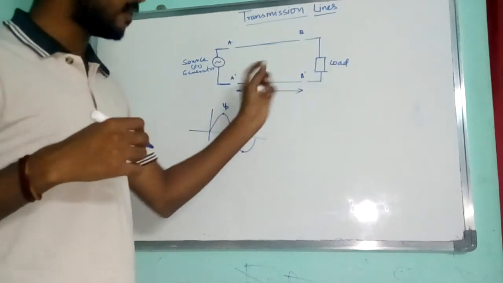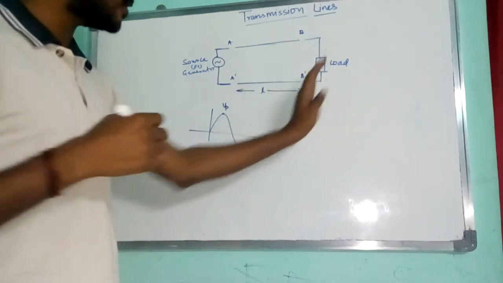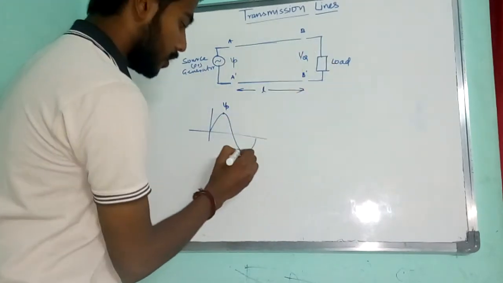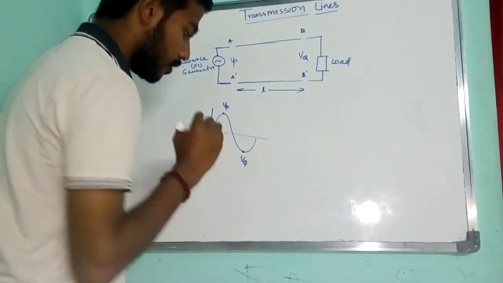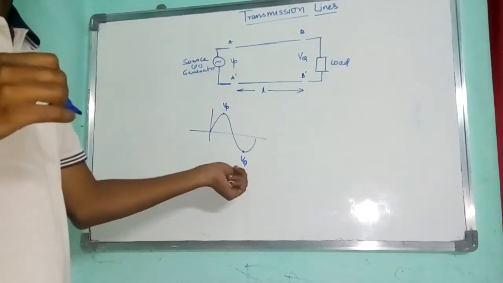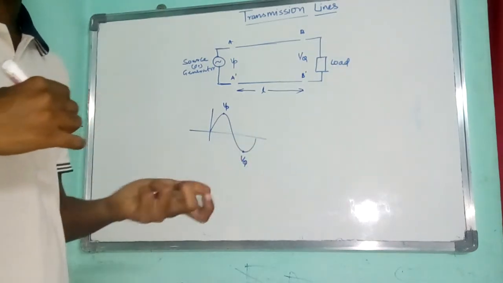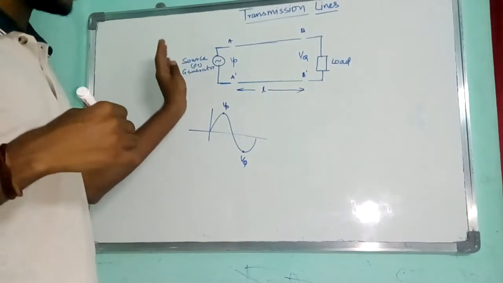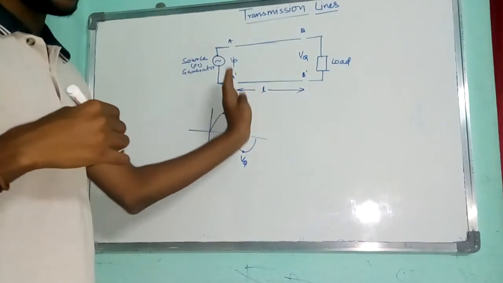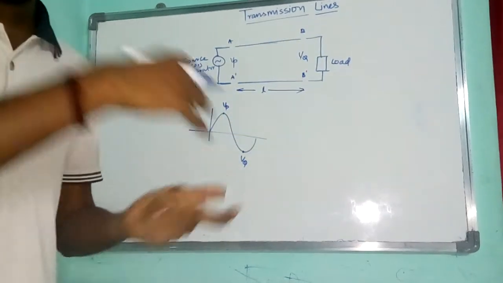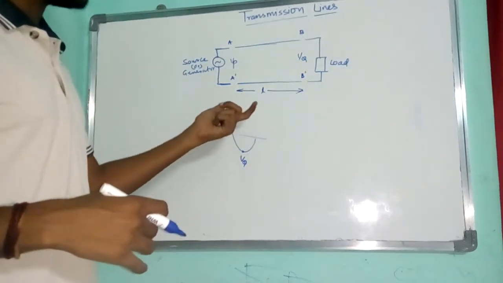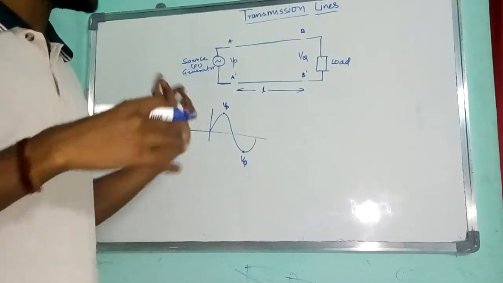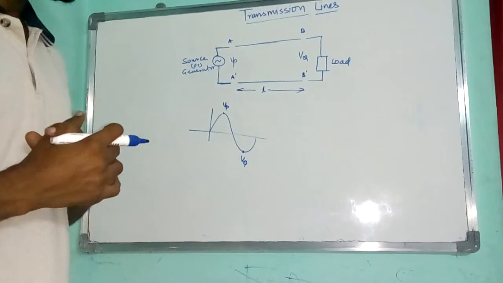After traveling this distance to BB dash, my voltage peak can be here or else here. What I am saying is that whatever voltage we apply here, after traveling some distance for some time, might change from one peak level to another. It constantly varies with time.